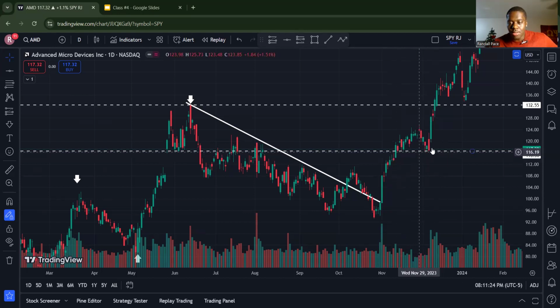And where would a target be? First target would be the highs. All right. So if you're trying to get in on a higher low, my target 9 times out of 10 is back to the highs, right? Unless you just get like a crazy percentage up before you even get there.